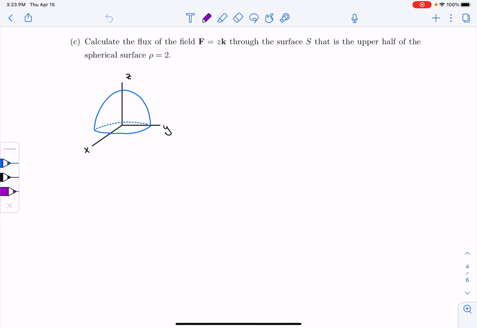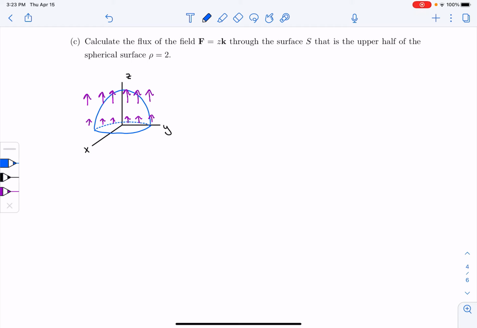So in this case, our vector field only depends on z, and it points straight up and is equal to the z component, so that it's shorter when it's lower and the vectors are longer when they are higher up. And we want to know, what is the flux of that vector field through the surface?